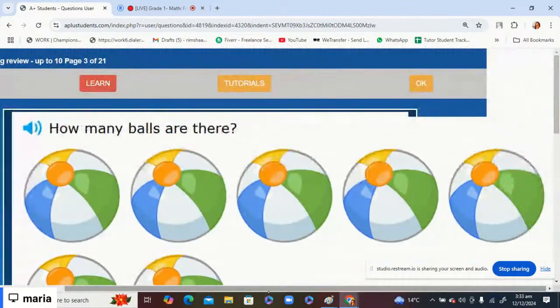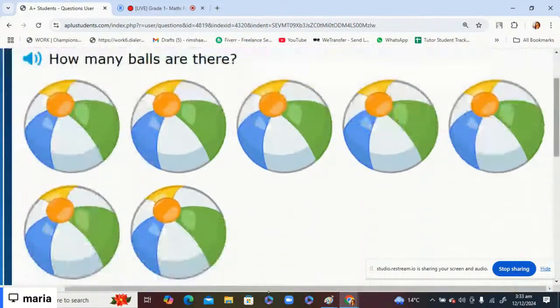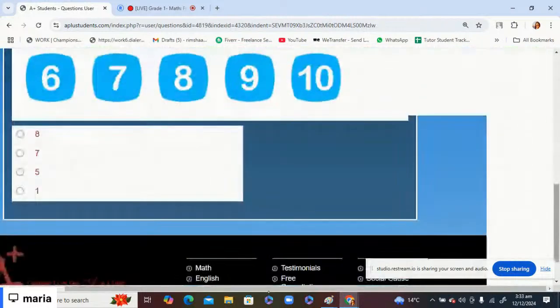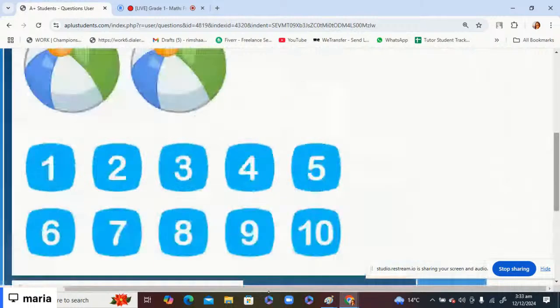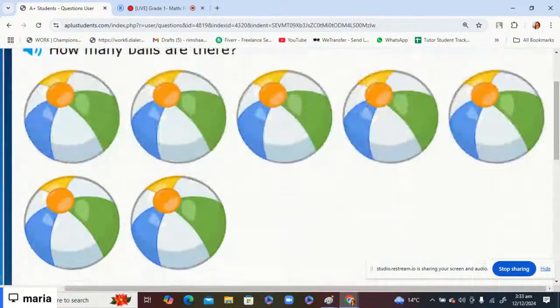So, how many balls are there? The options are given 8, 7, 5, or 1. So, how many total number of balls are there? Count it and then tell me.